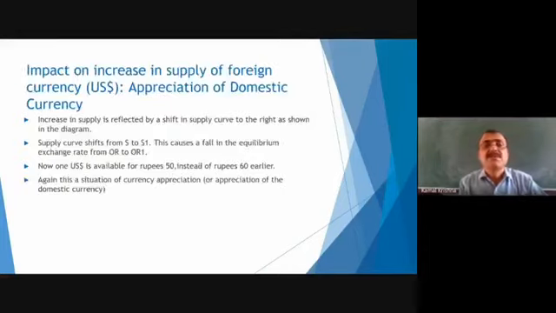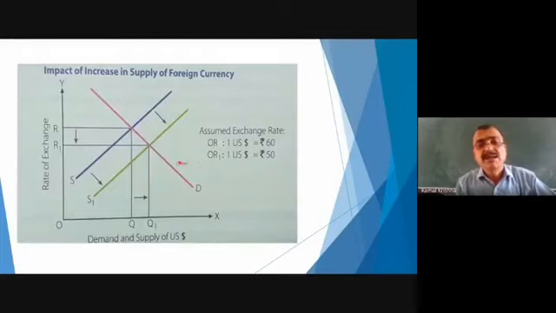Now the next is the impact of an increase in supply of foreign currency. When there is an increase in supply, you see in this diagram, students, when the supply increases from S to S1, earlier the rate of exchange was R. Now when the supply increases, the exchange rate falls from R to R1. It means when $1 was equal to ₹60 earlier, now $1 is ₹50.